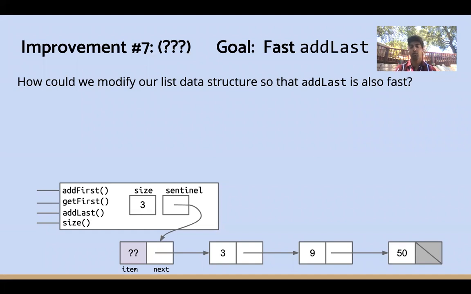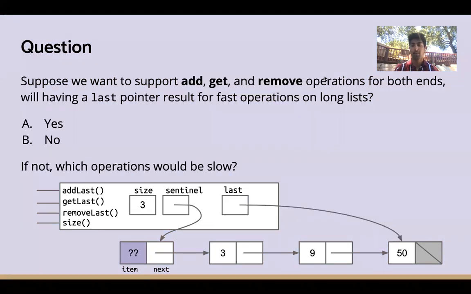Okay, so let's think about this, have some improvement. Well, one possibility is what if we have a last variable that kind of points to the last link? That's like one possibility. So the question is, would this work?